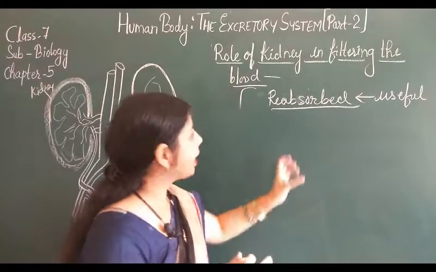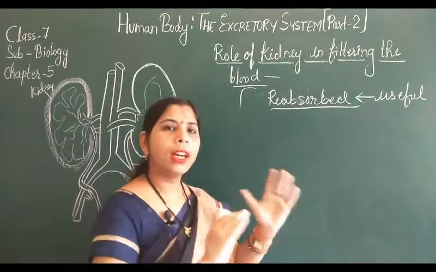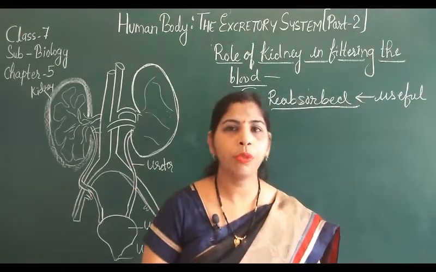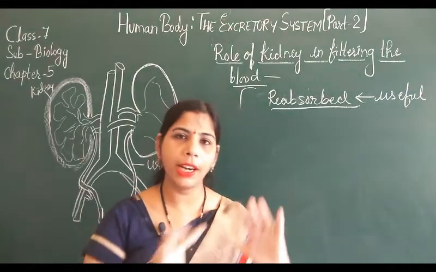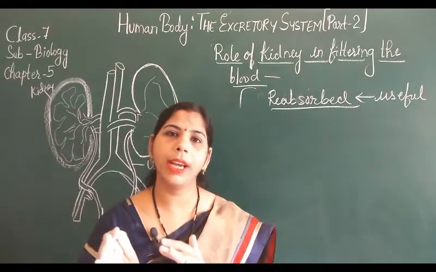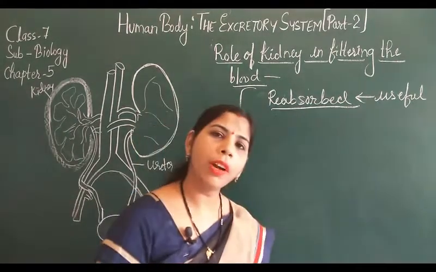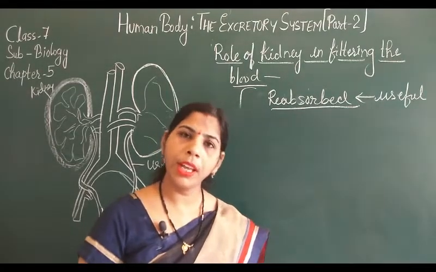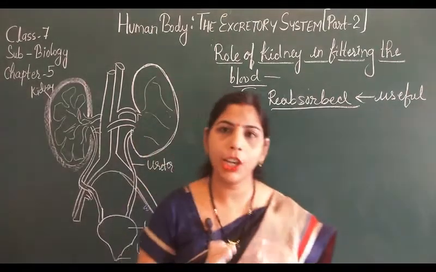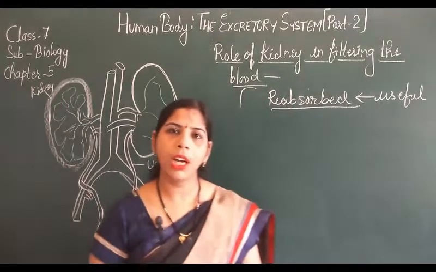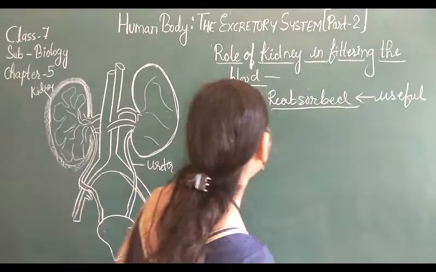Once again, when the blood comes in the nephron, it contains useful as well as harmful substances and all these substances are filtered by the nephron. Then useful substances are reabsorbed and get back towards the blood, and harmful substances like urea, excess water and minerals form the urine, which is a straw colored liquid.